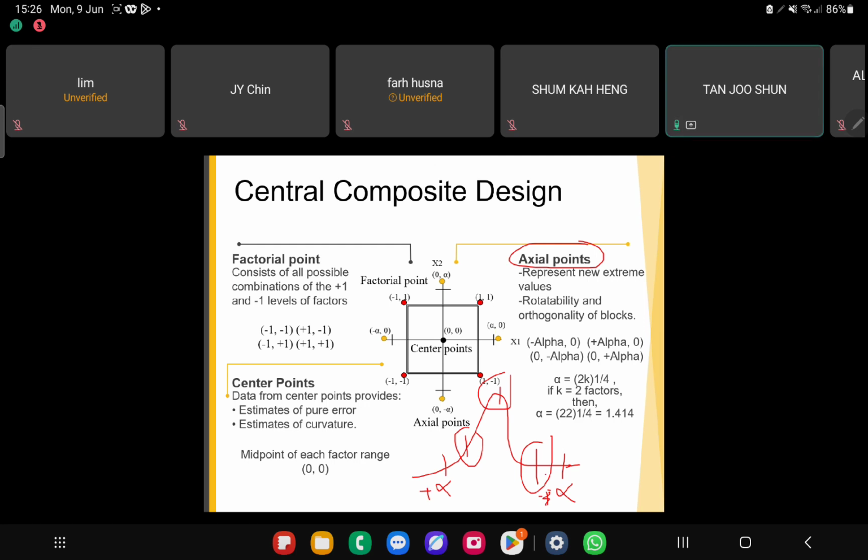So positive here, negative here. So negative 1, 0, and positive 1. So they have negative alpha, negative 1, 0, positive 1, and positive alpha: 5 levels.